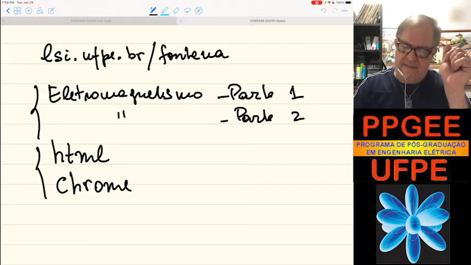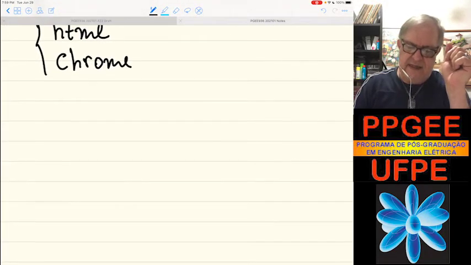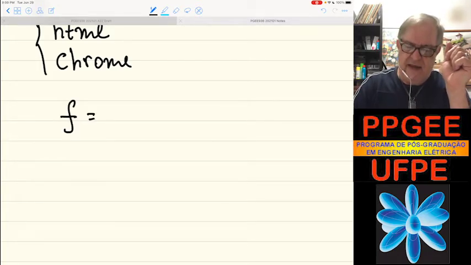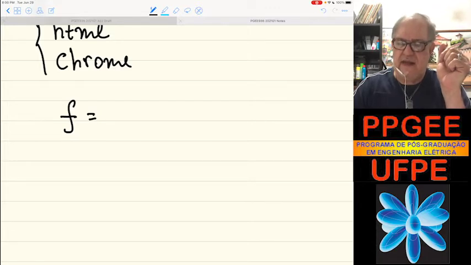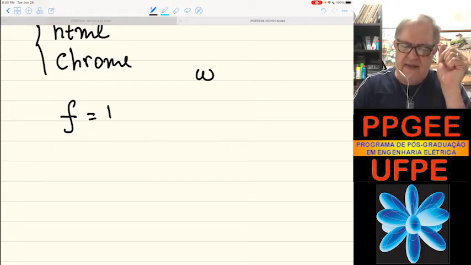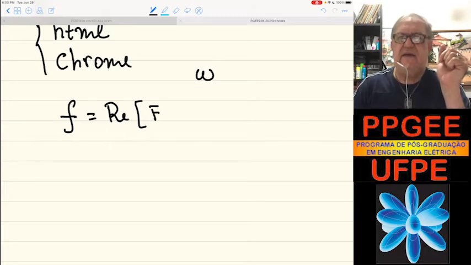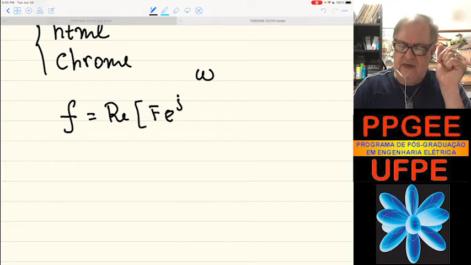For instance, if you look at a scalar quantity, f, if we assume the time dependence with the frequency omega, we can always write a scalar quantity as the real part of a complex number f exponential of j omega t.